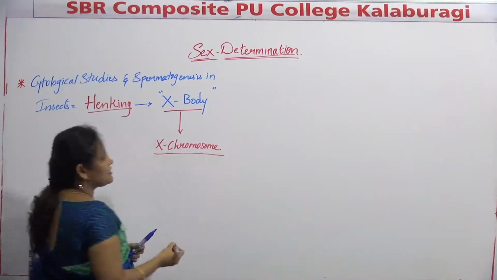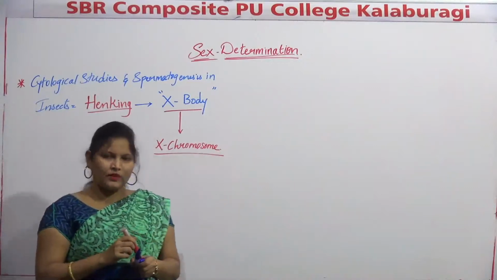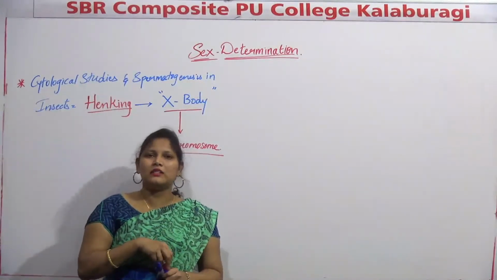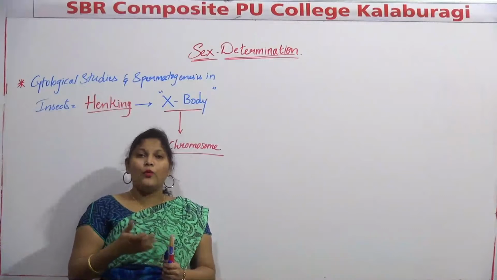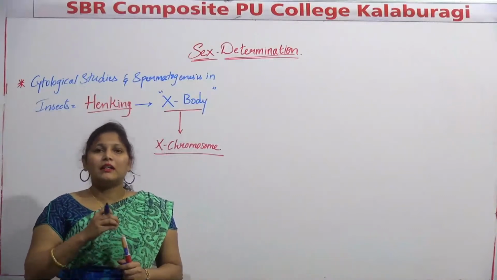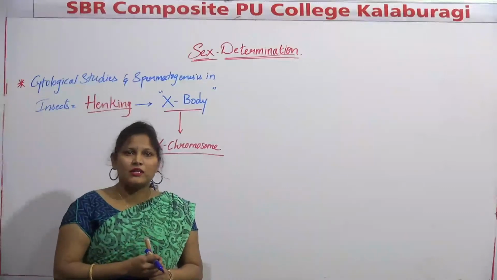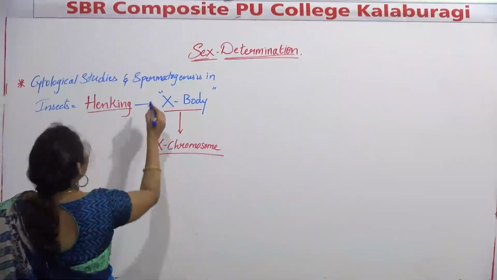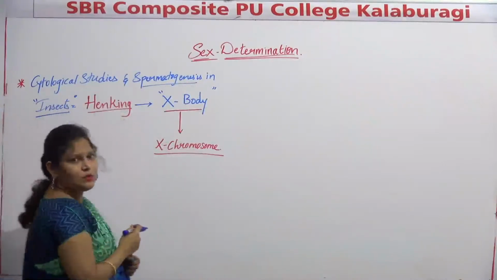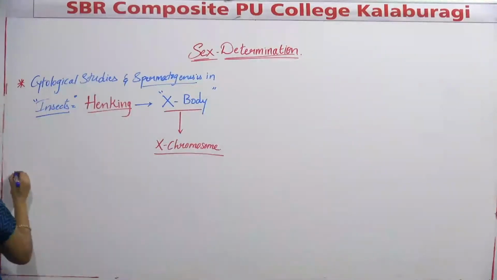So Henking discovered this X body while conducting experiments on spermatogenesis in insects.